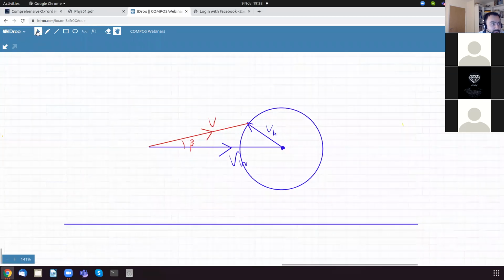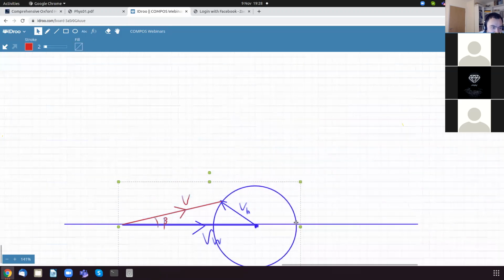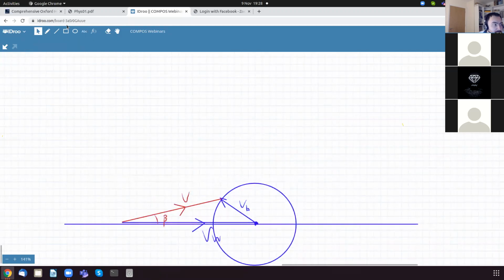We can move this picture and say the boat started here. It's not the displacement of the boat, it's the speed of the boat. Your task is to make this angle as big as possible. And the biggest value for this angle is actually when it is a tangent.